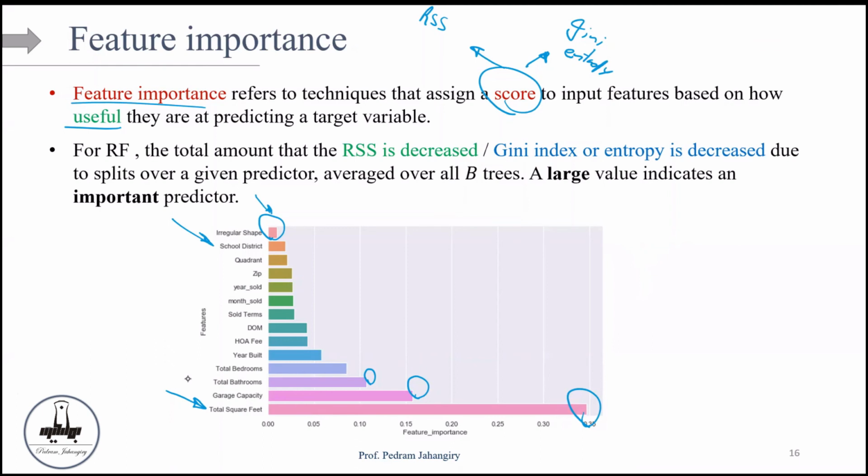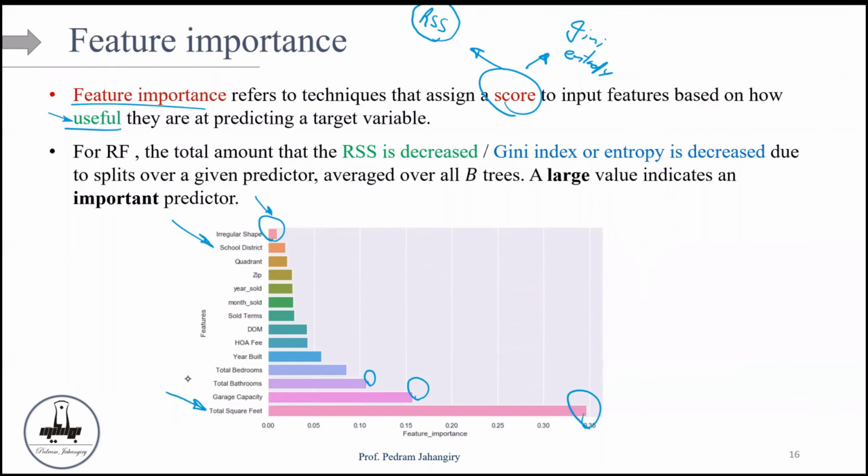By useful, for regression, we look at each feature and see how much it is reducing the RSS, or for classification how much each feature is reducing the Gini or entropy. This is what we mean by useful.